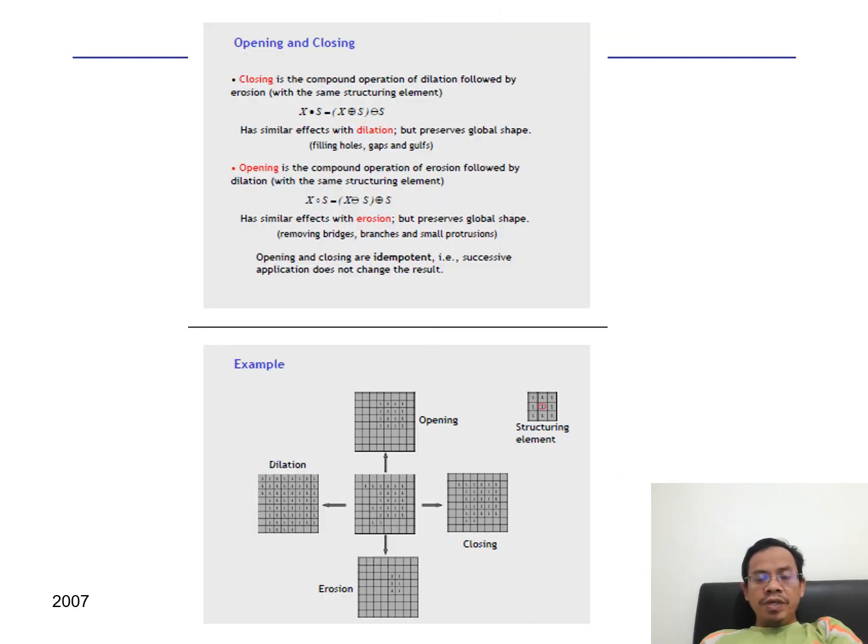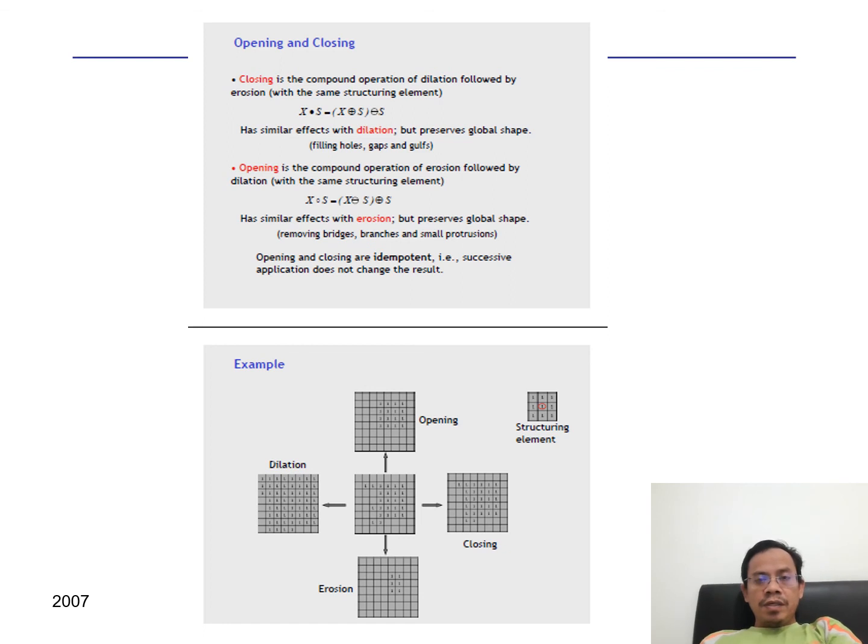So next is opening and closing. Opening and closing are compound operations of dilation and erosion. For closing, we perform dilation first, then followed by erosion. For opening, we perform erosion first and then followed by dilation. It has certain functions for image analysis.